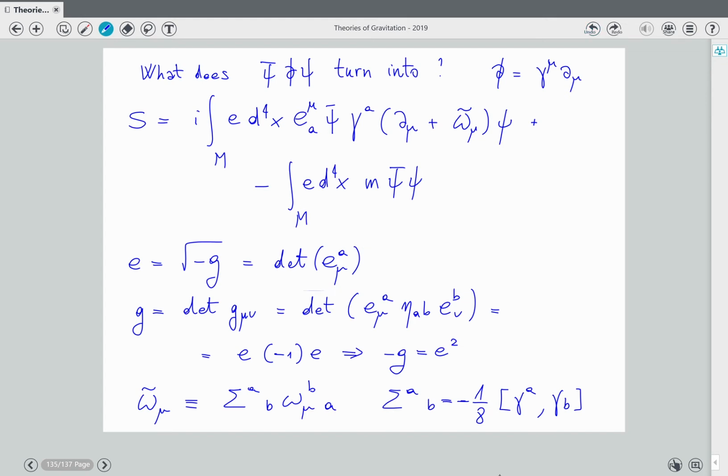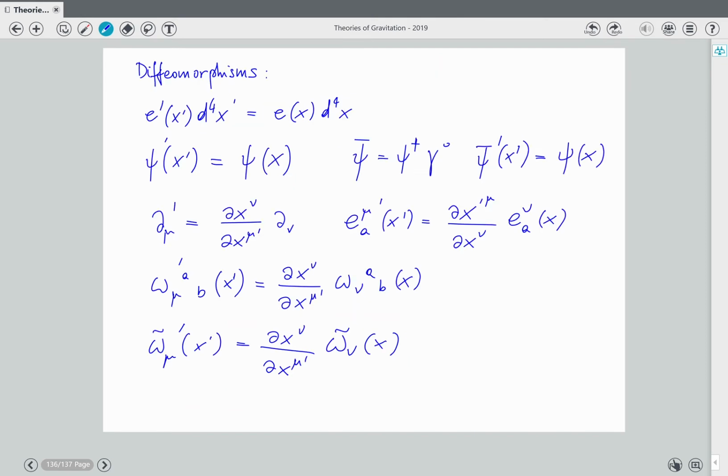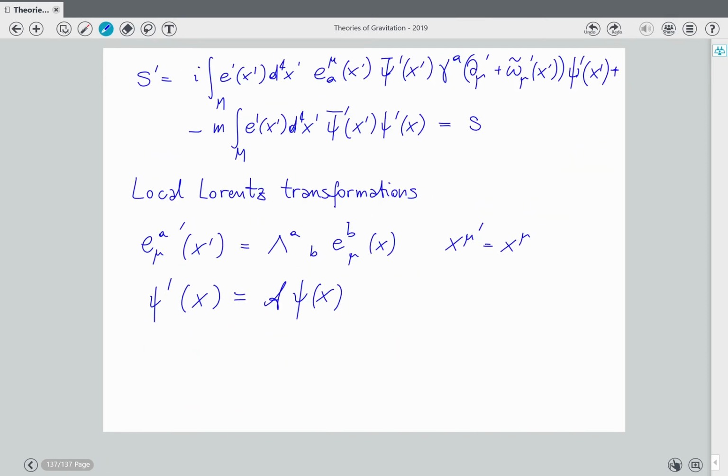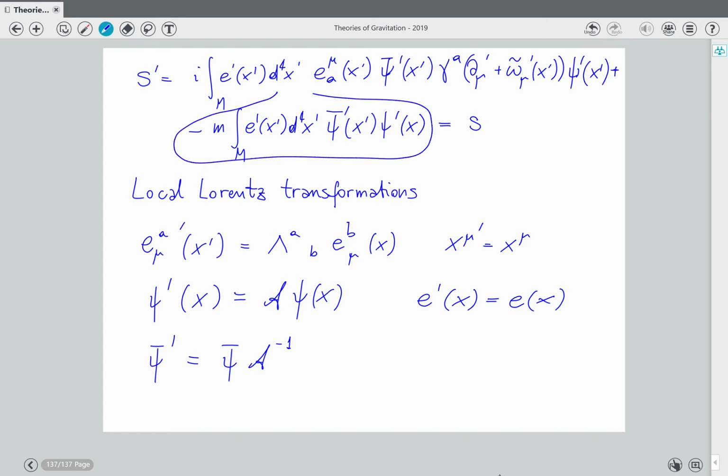And therefore, E prime is equal to E. The determinant doesn't change. Well, we also know that psi bar prime is equal to psi bar curly A to the minus 1. So certainly this object, the mass term, is invariant as it was in flat space. There is no real difference here.